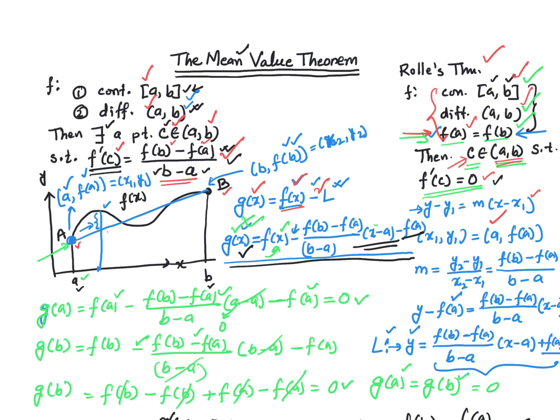And then at that point we showed that this new function that I have devised actually satisfies Rolle's condition number 3. That means g of B is the same as g of A.